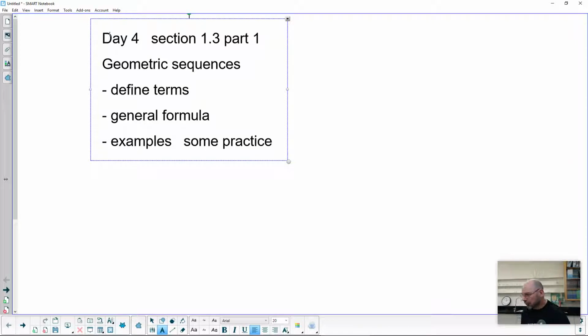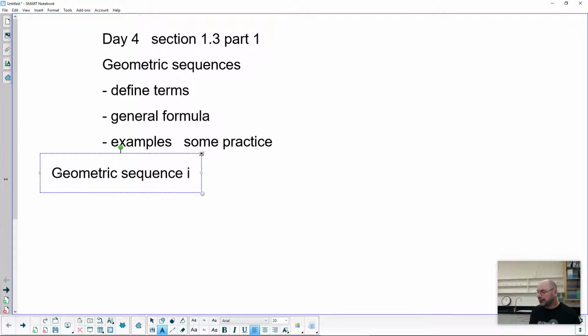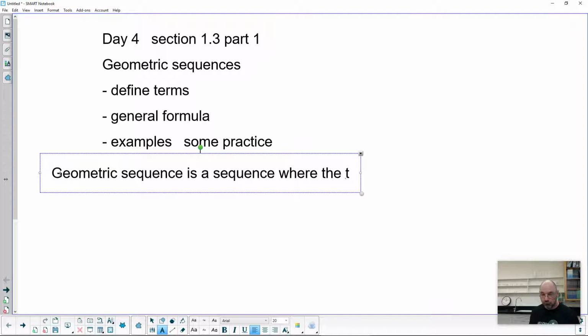So let's take a look at what is a geometric sequence. It's fairly similar to what we were doing before, except instead of adding, we're going to multiply now. A geometric sequence is a sequence where the terms have a common ratio.